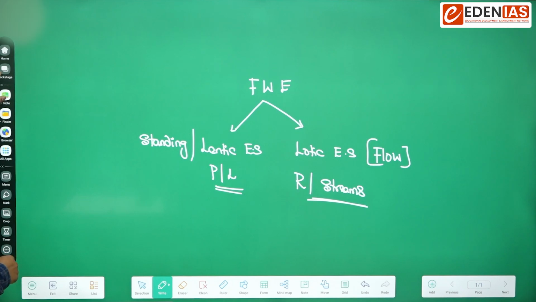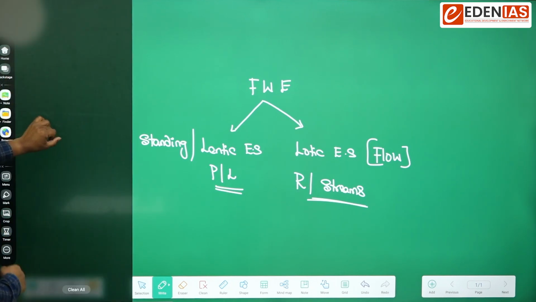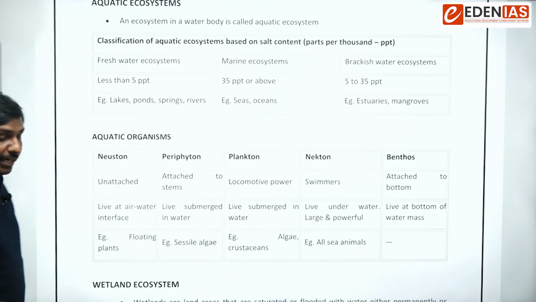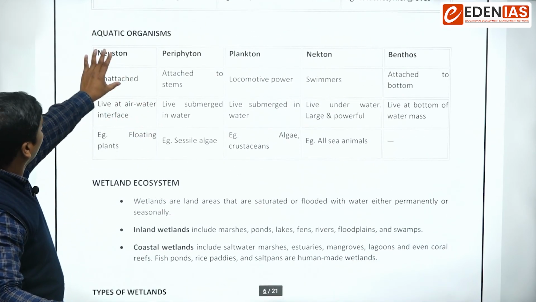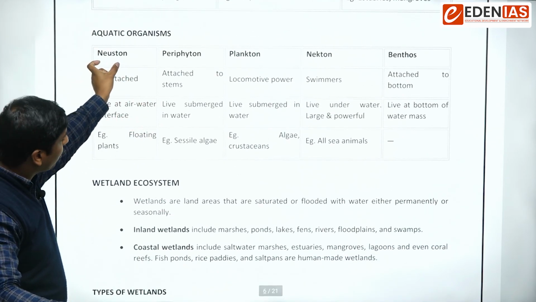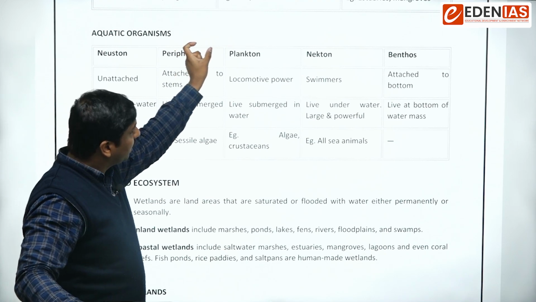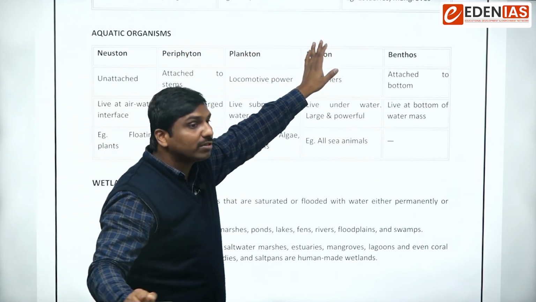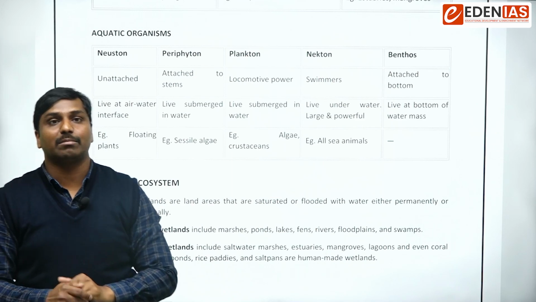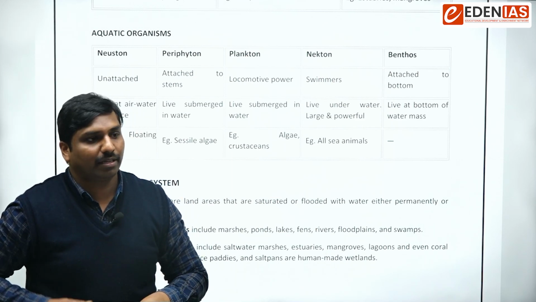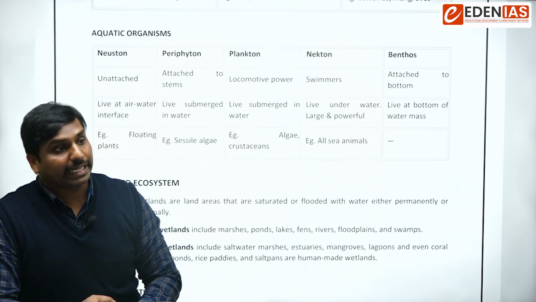Then various organisms will be there. What kind of organisms can be there? Just go through these: neustons, periphytons, planktons, nektons, and benthos. These are the different types of organisms that can be seen in aquatic ecosystems.